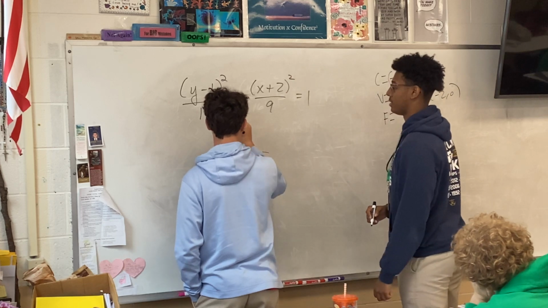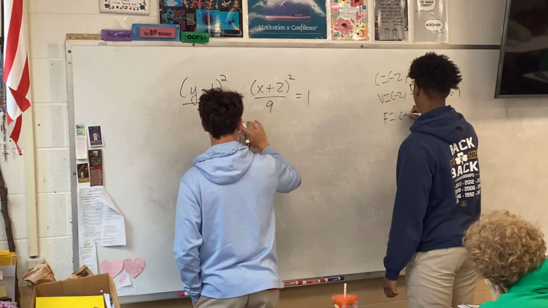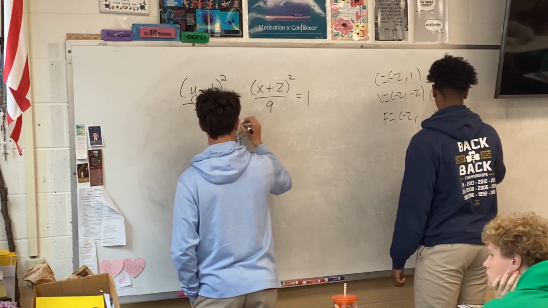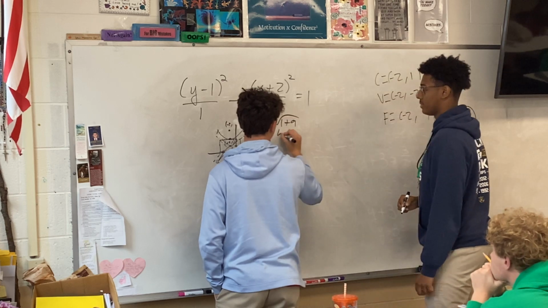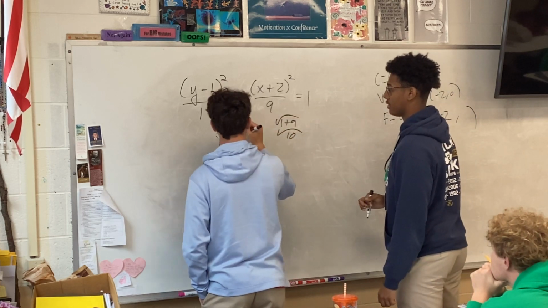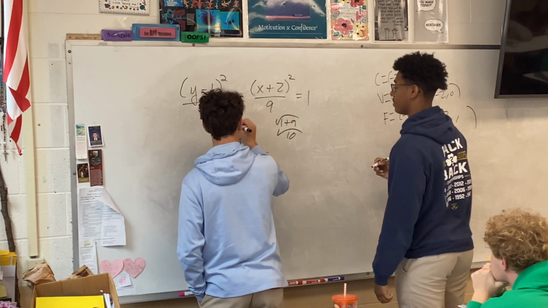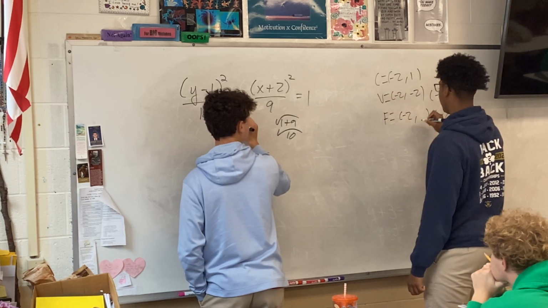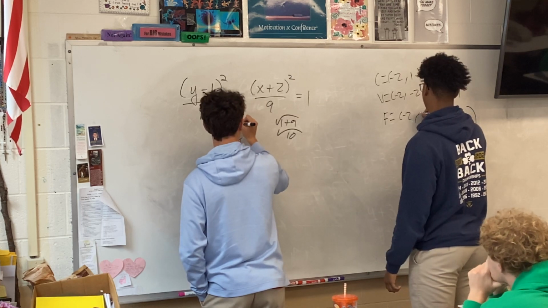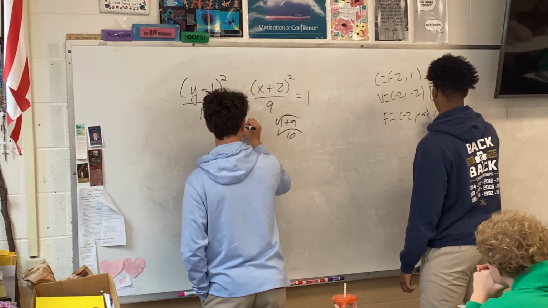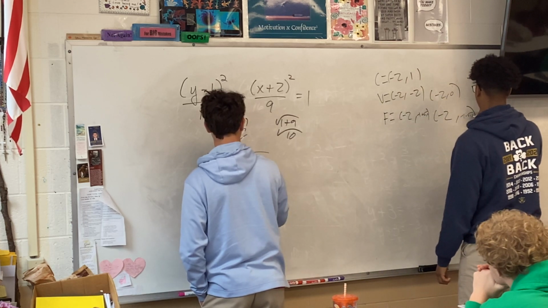We need transverse and conjugate too, guys. 10. So it'll be 1 plus... no, it'll be negative 1 plus root 10. Negative 1 minus square root 10.